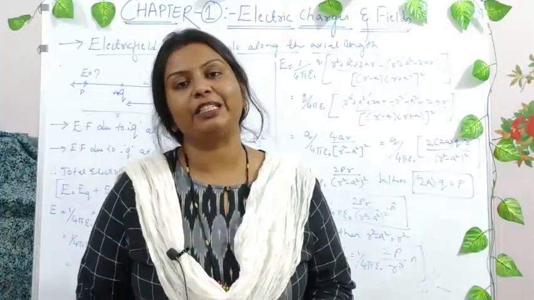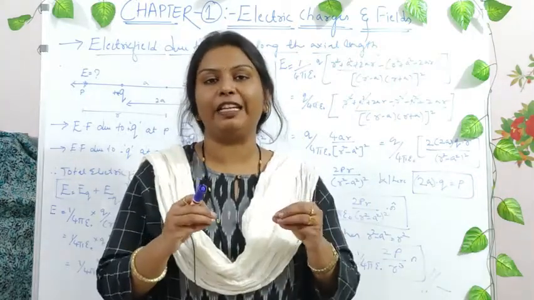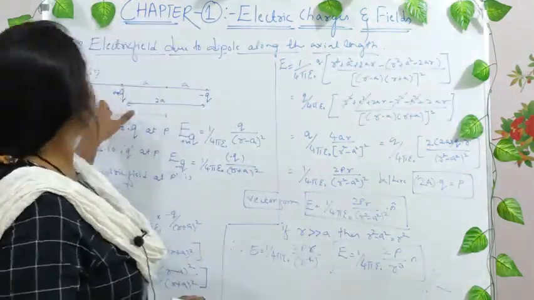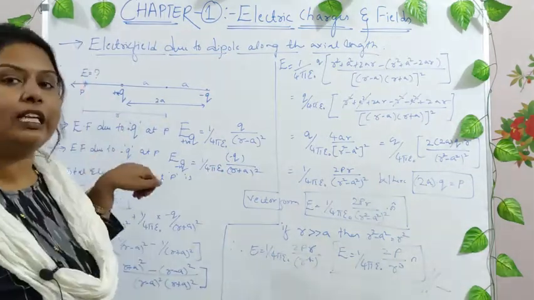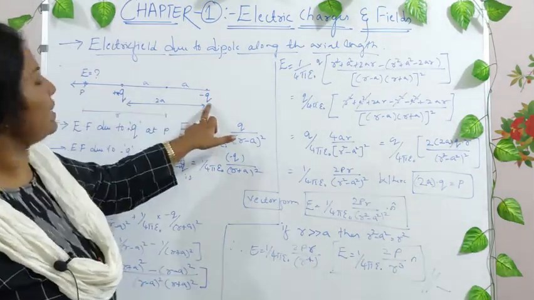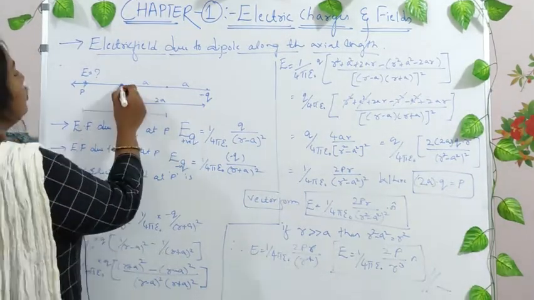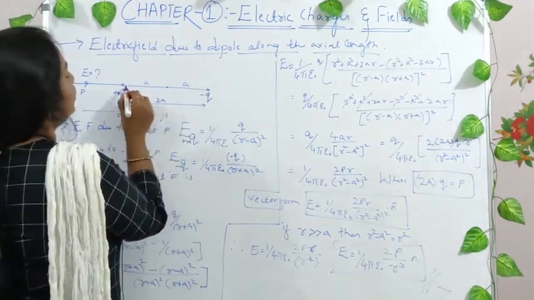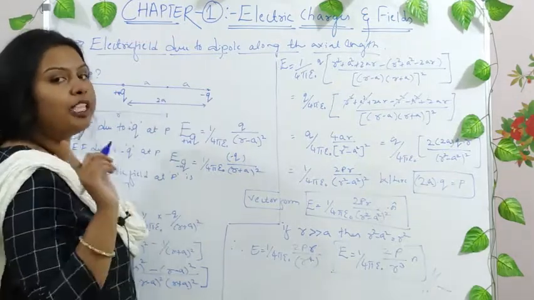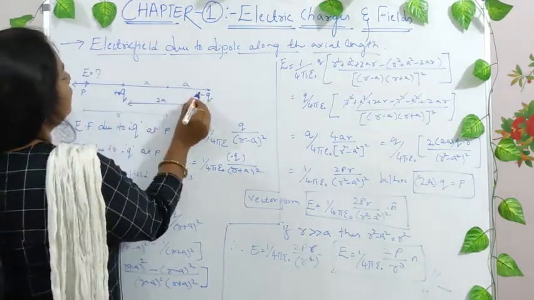In this derivation, let us understand what the electric field is at a point kept at some axial length. Dipoles mean two opposite and equal charges with some distance between them. This is the positive charge and this is the negative charge. These two charges form a dipole. What is the distance between these two?